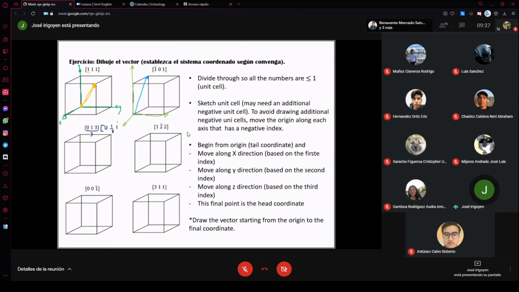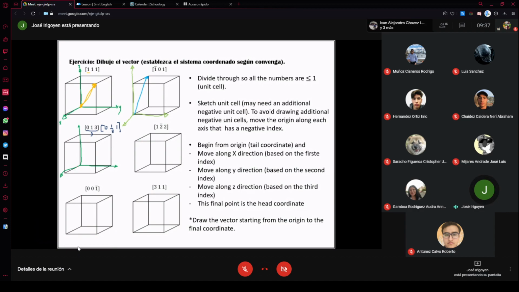So it's the same operation. Because you have positive values, the origin remains in the same place as the other one. So we have Z, you have Y, and you have X, right? Following the instructions, we have the sketch of the unit cell.